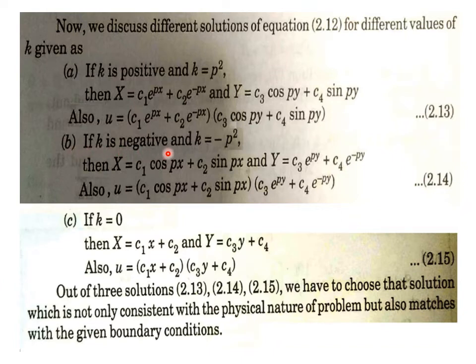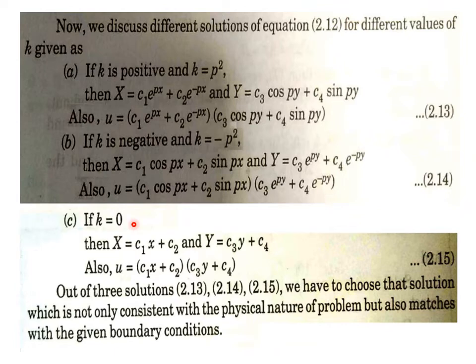Then the second choice, where k is negative, so we assume it as minus p square, and then capital X and capital Y are obtained by solving the two differential equations of 2.12 and multiplied together to provide u equals c1 cos px plus c2 sin px into c3 e power py plus c4 e power minus py.